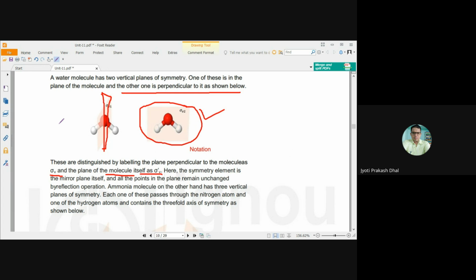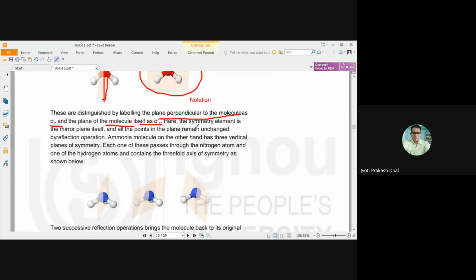The plane perpendicular to the plane of the molecule is designated as sigma v, and the plane of the molecule itself is called sigma v dash. Here the symmetry element is the mirror plane itself, and all the points of the plane remain unchanged by the reflection operation.